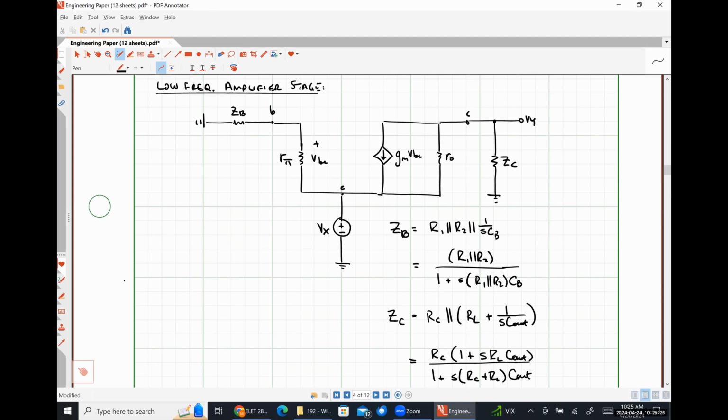So if you look back through your 335 notes, you should see this exact circuit, except that ZB would be replaced by a resistance RB and ZC was replaced by a resistance RC. This is nothing more than a common base amplifier with an included base resistance.